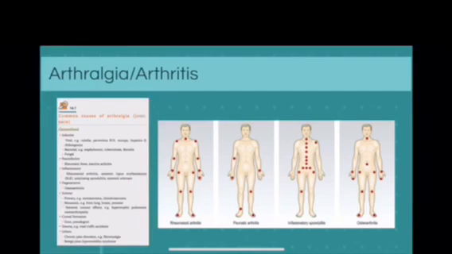Certainly you want to think about things like neoplastic processes, like a tumor of the bone or the muscle or something like that. Crystal formation, which is more of a metabolic problem, I suppose. Gout or pseudo-gout or any of these types of processes can cause a lot of pain and suffering in the musculoskeletal system. Trauma, of course, probably one of the main reasons that you get presented with musculoskeletal complaints is trauma.